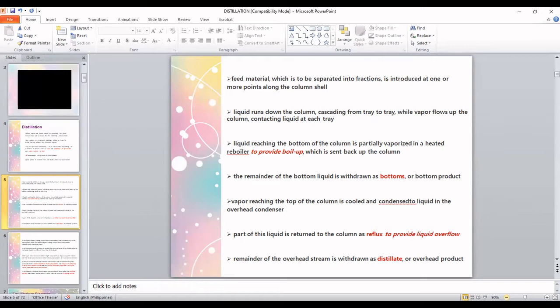Part of that condensed vapor is returned into the column as reflux. The rest is withdrawn as your final product. So your column will have two products, the distillate and the bottoms liquid. You only have one stream that was processed, and that's the feed.